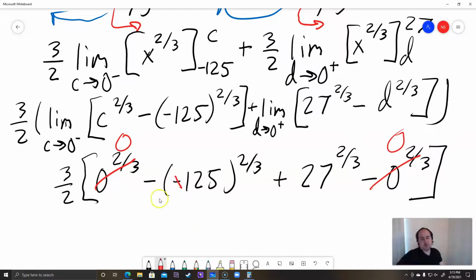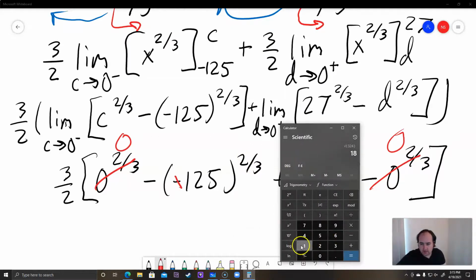And then if we do it on our calculator, we can just do 125 squared and then do the cube root of that. Or even easier, we can do 125 and then just raise it to the 2/3 power. Okay, so 125 to the 2/3 equals 25.